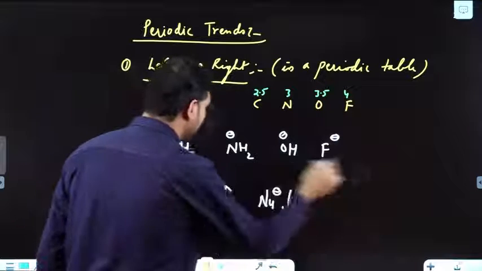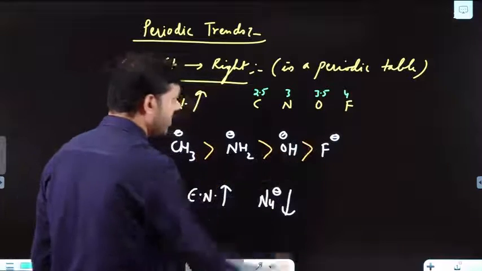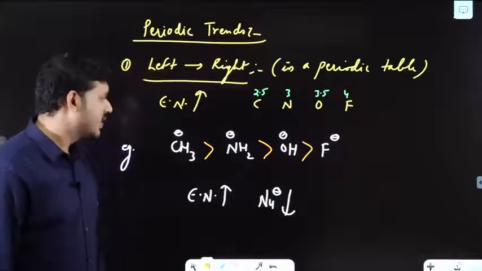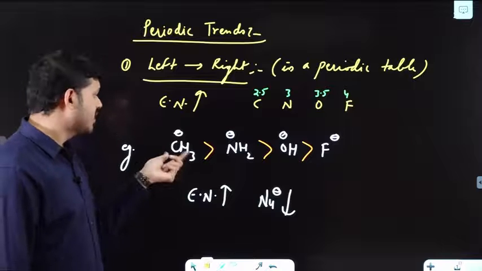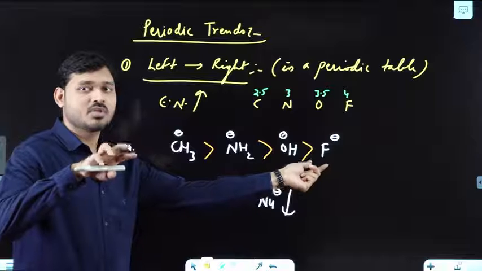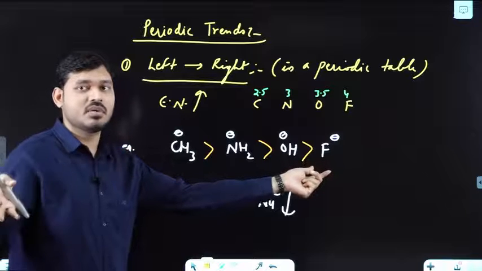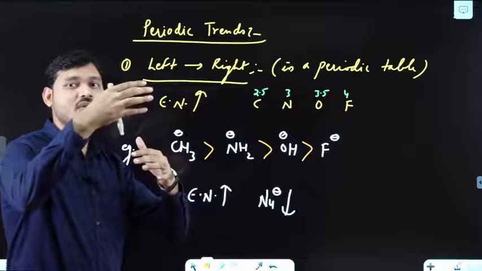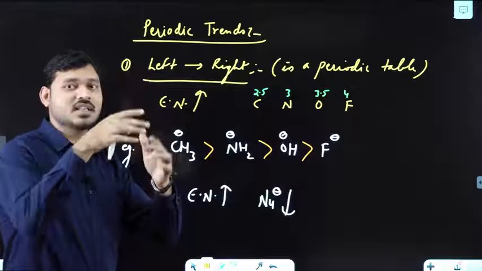Here the order can be said as, because F is the most electronegative, it is the least nucleophilic. Clear to all? Simply you can understand, out of these, F minus is the most stable, so it will be the least reactive.